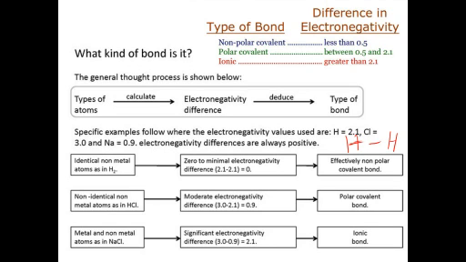And then sodium chloride. You have a sodium atom and you have a chlorine atom. Sodium has an electronegativity of 0.9. Chlorine, 3. So this is 2.1 and greater, then it's an ionic bond. This is where you get your ions.